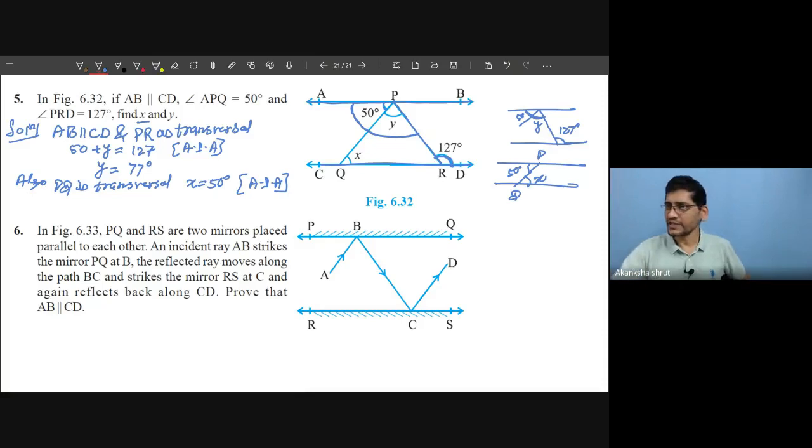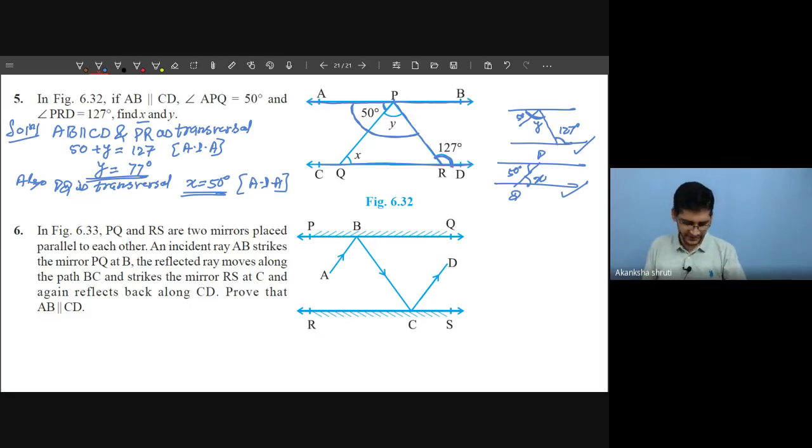So this way you have to observe carefully to get it. This way x and y are calculated. This is the value of x, this is the value of y. The question was very easy; you just have to identify the parallel lines and the transversal. This was used for identifying y, and this for identifying x.